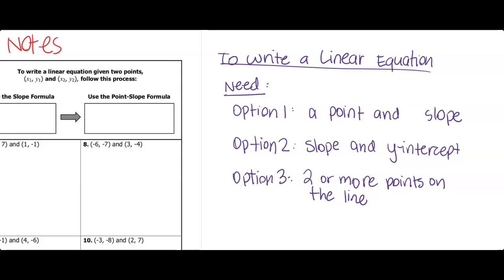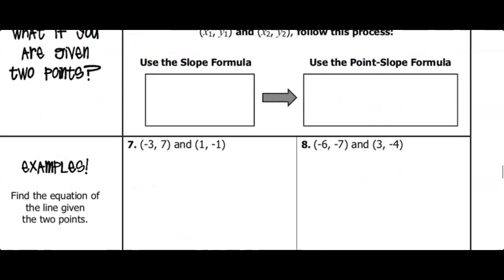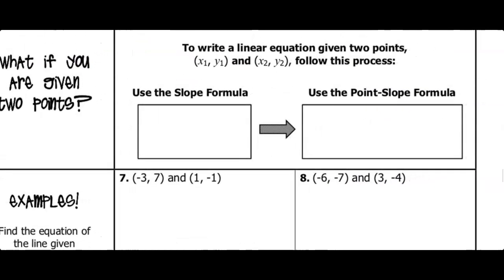So now I'm just going to give you 2 points that are on your line, and we're going to work to find our common difference to then be able to write our equation. When you look over here, you want to first use your slope formula to find the common difference. And you could also make a table. I will show you both options.